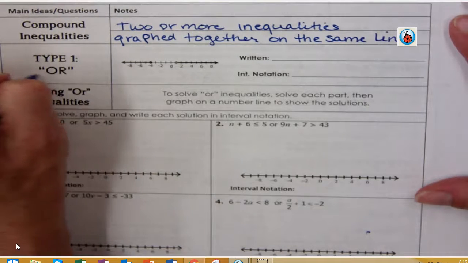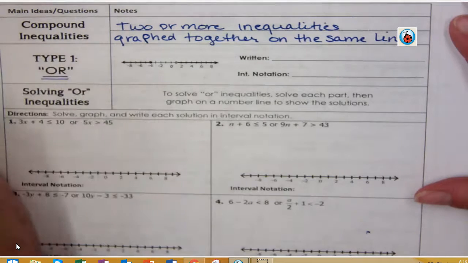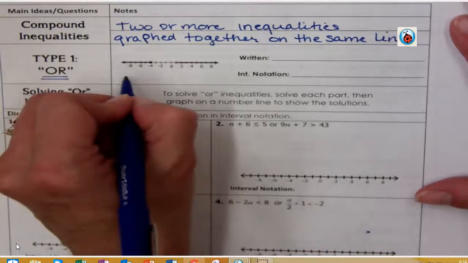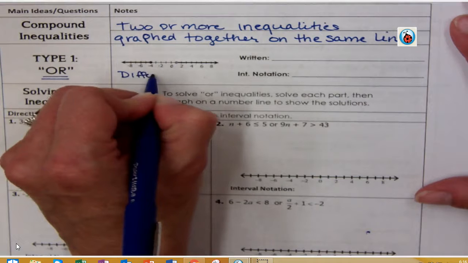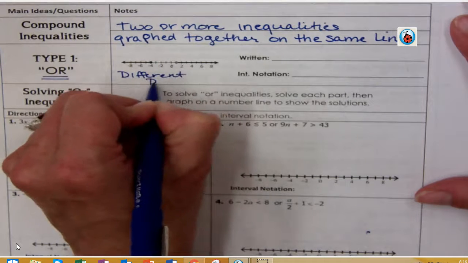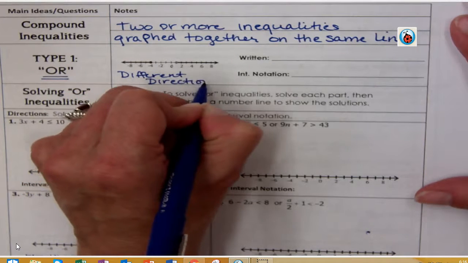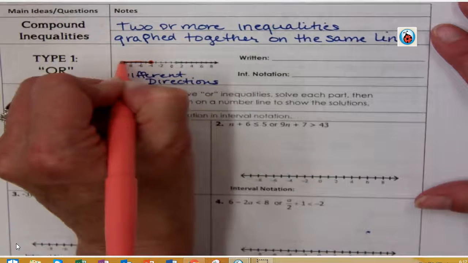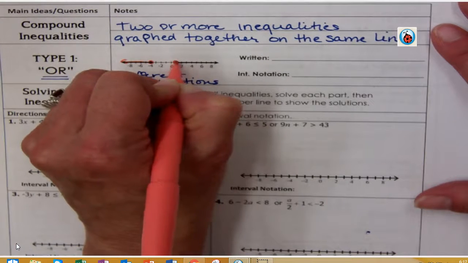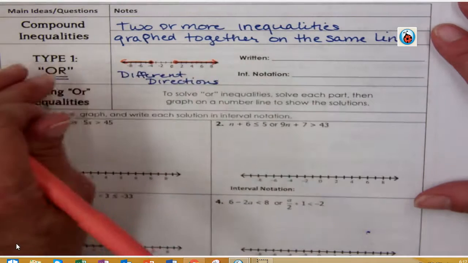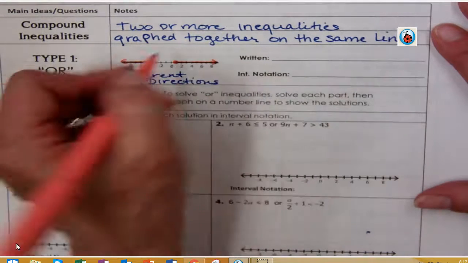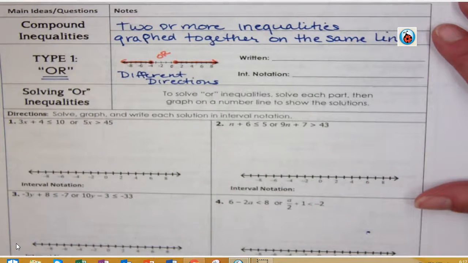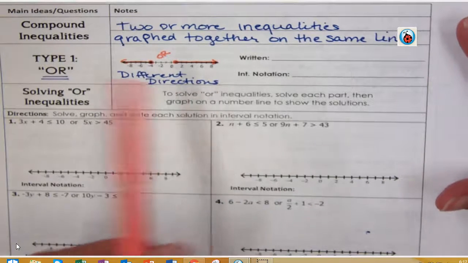We've got the OR type, which is basically when you have them going in different directions. So you can see this one is highlighted with a closed dot over here and over here. It's either going to be these sets of numbers or it's going to be this set of numbers. So you could basically write the word OR in there. It doesn't include those numbers in between.